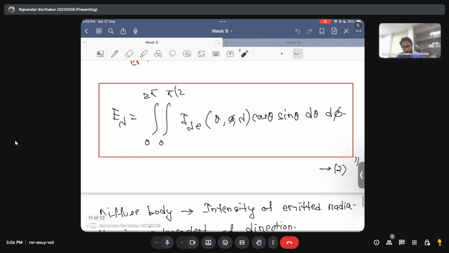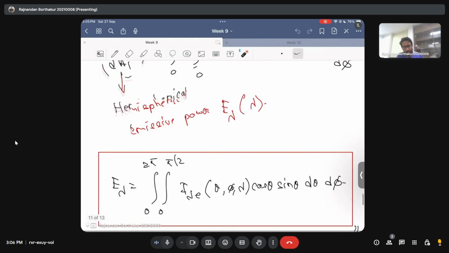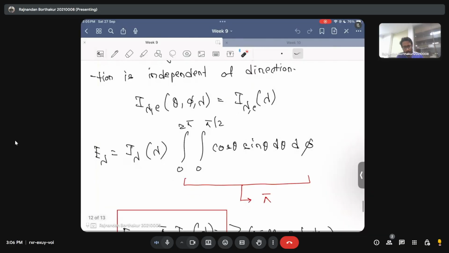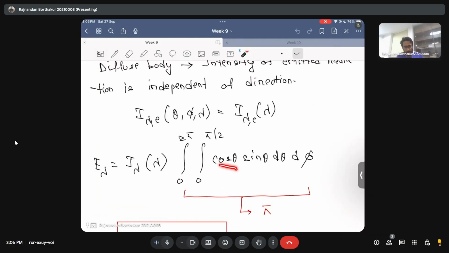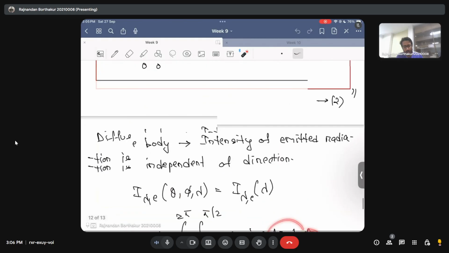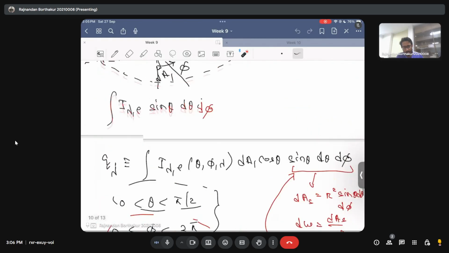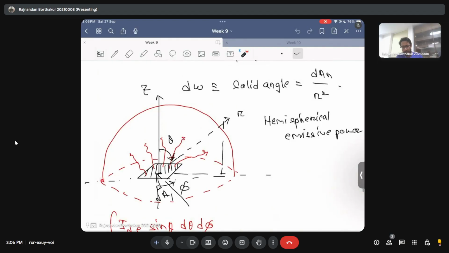And if you want some clarity on why this integration resulted in the integral of a cos and sine function, it is because if you pay a little attention to the hemisphere that we drew, you can see that any elemental area that we draw on this hemisphere is denoted by a unit normal n, which is nothing but the unit vector in the radial direction, e_r.